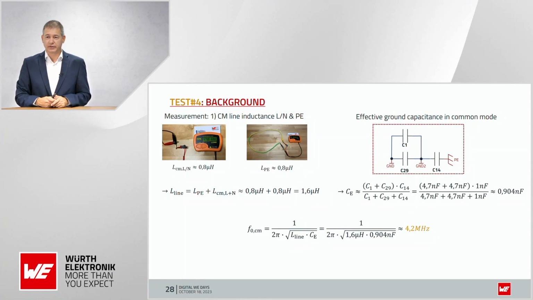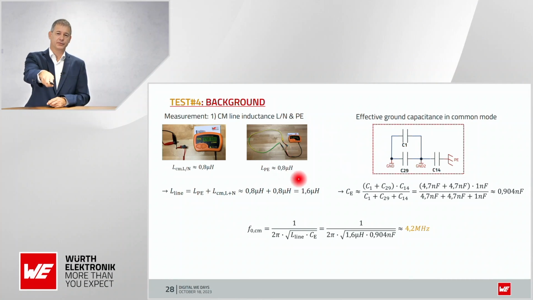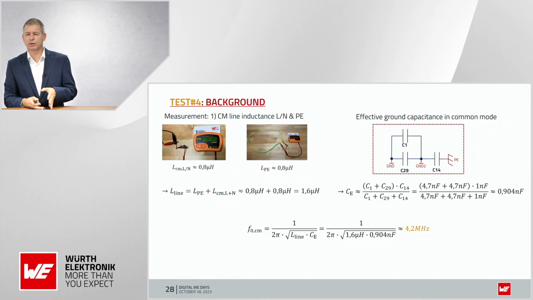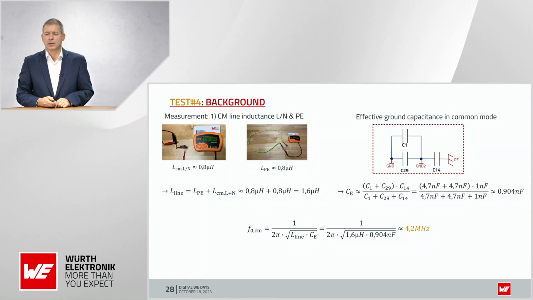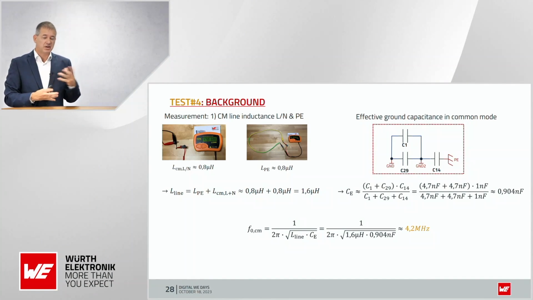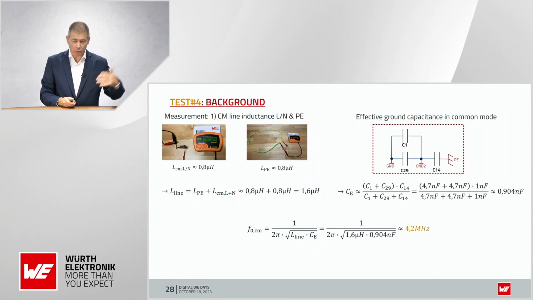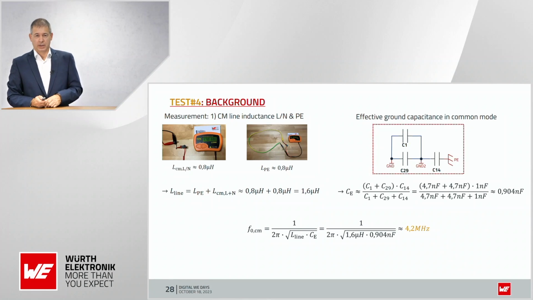And this one is in series, and if we calculate the resulting capacitance and we measure the power line of the flyback, we get around 1.6 microhenry from the power line, and we get around 0.9 nanofarads of parasitic capacitance. And if we put these values into the swinging formula, we get around 4.2 megahertz. We can see this also in the measurement. That's the reason behind it.